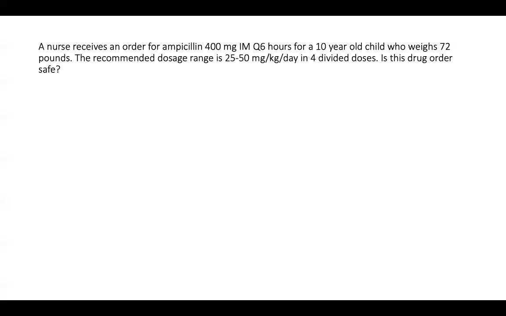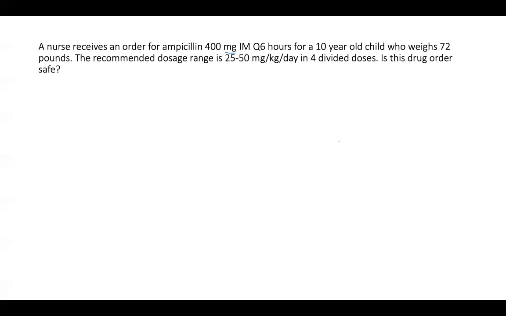All right, step 1, what are we looking for? This is a safe drug order question, so I know, because Ms. Hobbs told me, that we have to compare apples to apples. The problem doesn't tell me what I'm solving for, but I know I have to compare the order against the dosage range. So I need to make sure I'm solving for whatever the order is written in.